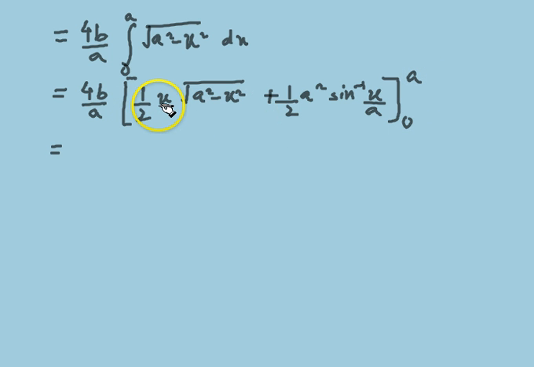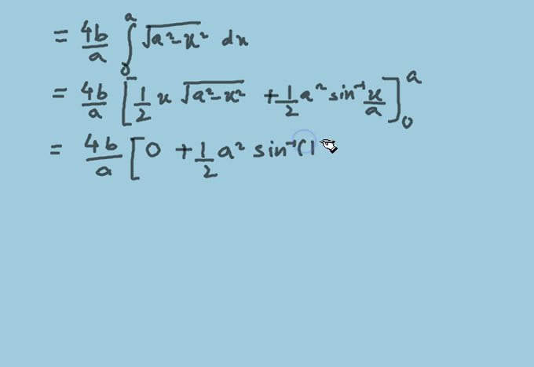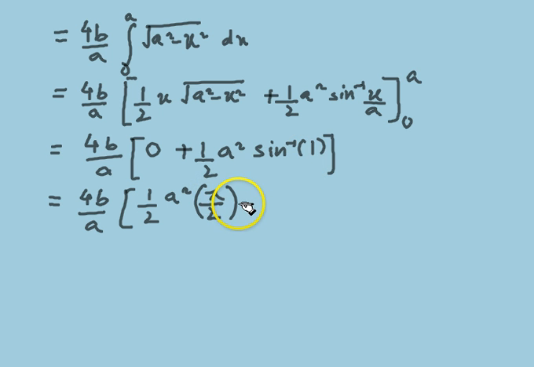Now we substitute x with the values a and 0, and thus we have this equal to 4b by a into bracket 0 plus 1 by 2 a square sine inverse of 1, which is equal to 4b by a into 1 by 2 a square pi by 2, since sine inverse of 1 is equal to pi by 2, which is equal to pi a b.